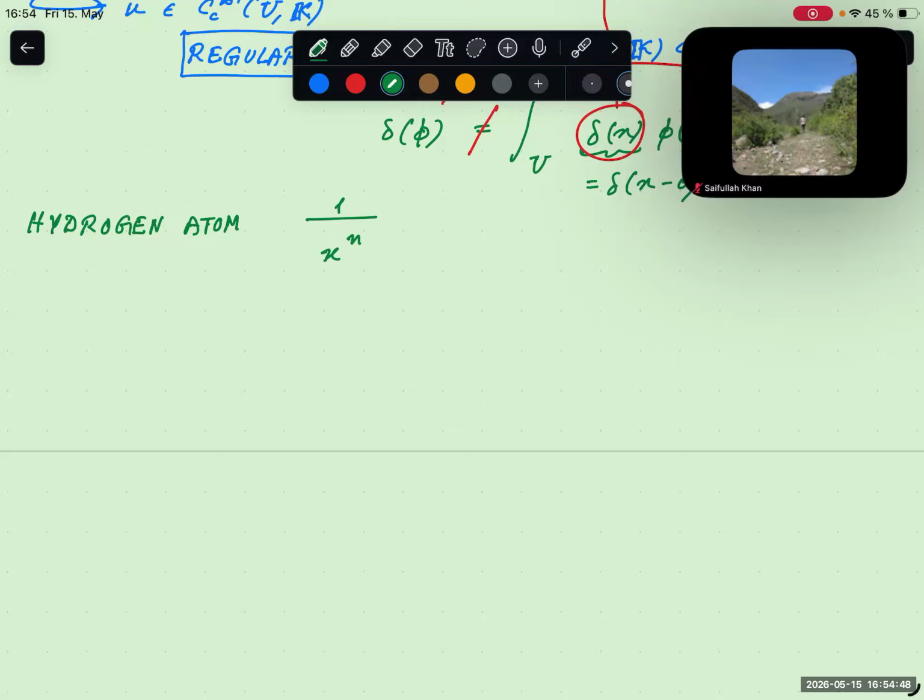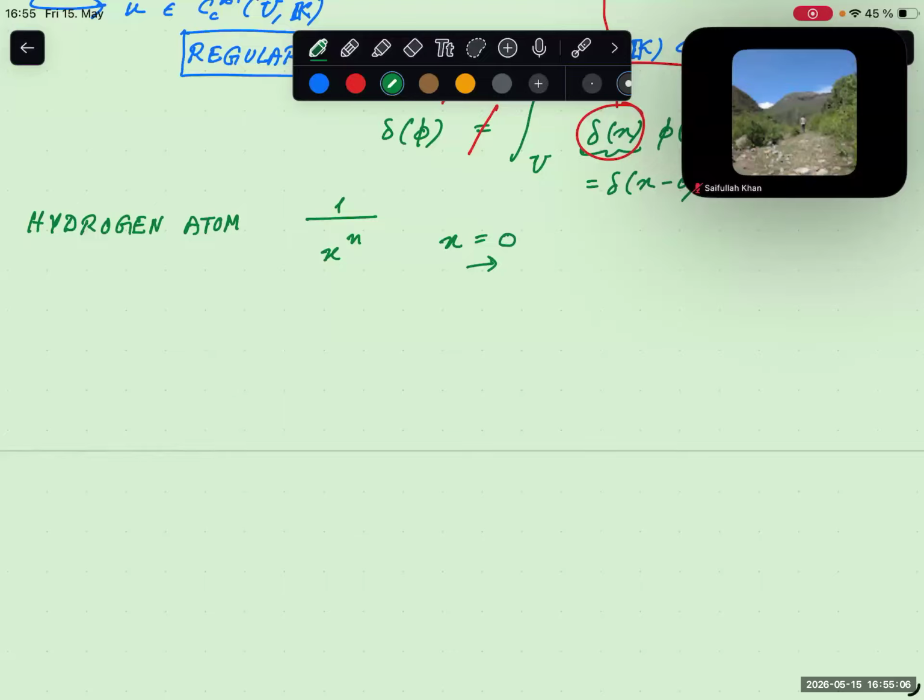Then you can prove that for some values of n, this is a regular distribution. But when you go to x equals 0, or x tends to 0, depending on the situation, then you see that this is no more a regular distribution.